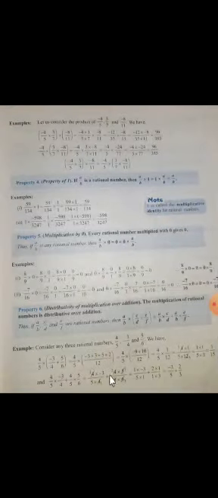Let's have an example here. Minus 4 by 5, 3 by 7 and minus 8 by 11. Three rational numbers they have taken. See here in this next step what they have done. Minus 4 by 5 and 3 by 7 they have kept in one group, and minus 8 by 11 outside.